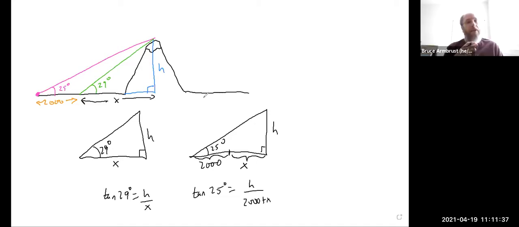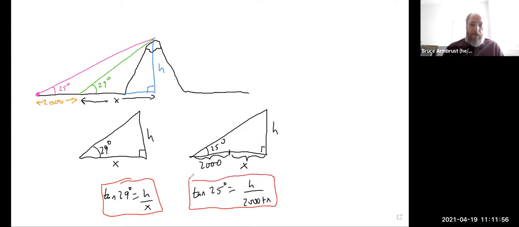All right, so forever, in any situation, you have a bunch of unknowns, you need that many equations to solve using a system. And so we've actually got that, right? Here's equation 1 that involves h and x, and here's equation 2 that involves h and x.